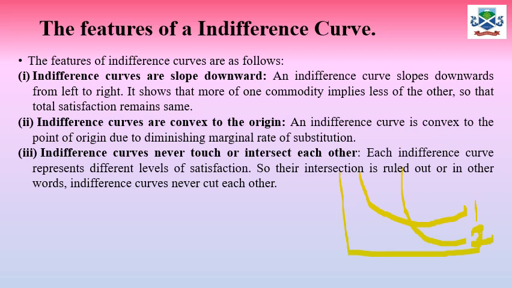Whereas if they intersect each other, over here IC2 is giving you more than IC1, but over here it is the opposite, IC1 gives more satisfaction than IC2.